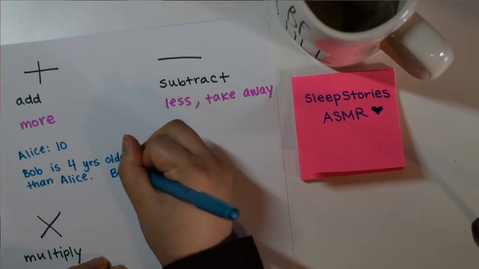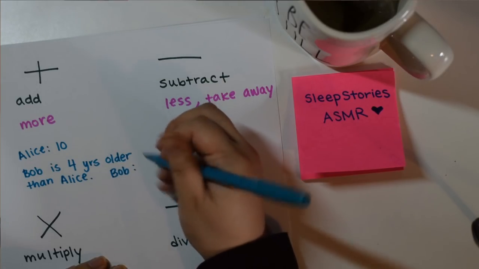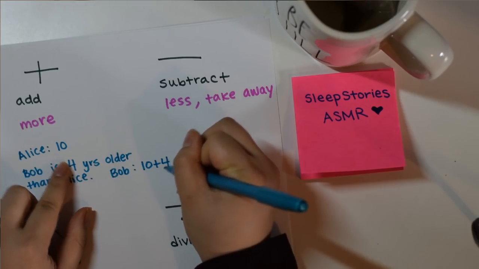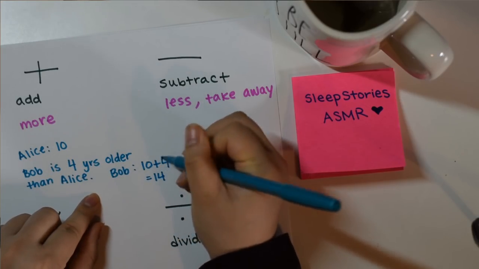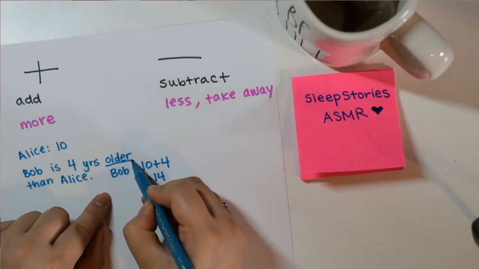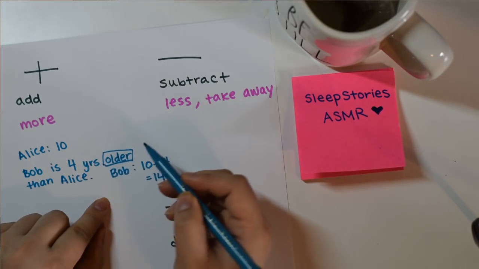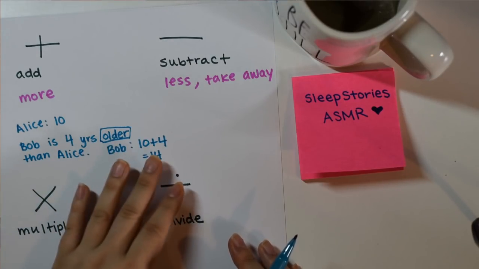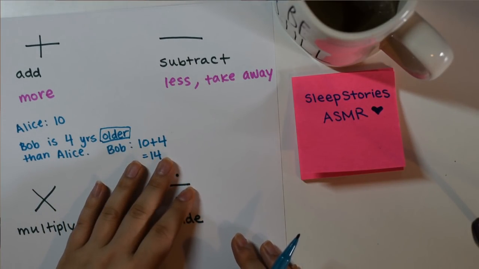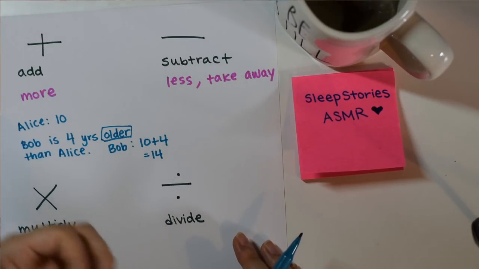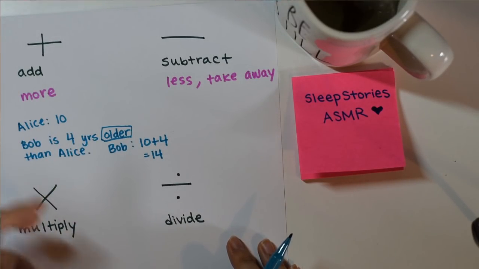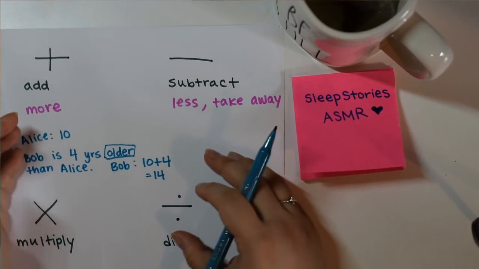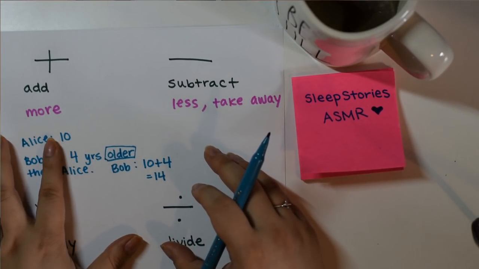Bob would be Alice's age, 10 plus 4. So 14. So just because it says older doesn't mean that we won't know how to do it. It just means that he is 4 years more. His age is 4 years higher. It's like 4 years bigger than the 10 years that Alice is.